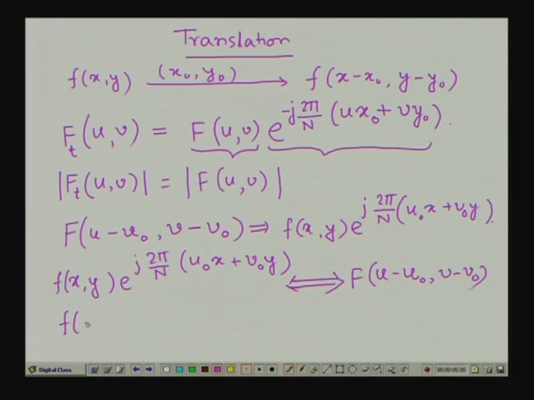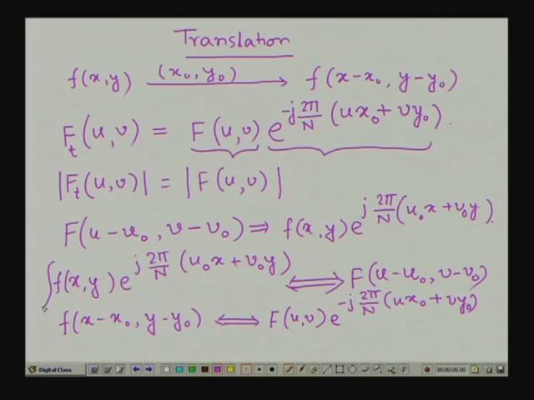if we have the translated image f(x minus x naught, y minus y naught), the corresponding Fourier transformation will be F(u,v) e to the power minus j 2 pi by N (u x naught plus v y naught). So, these are the Fourier transform pairs under translation.